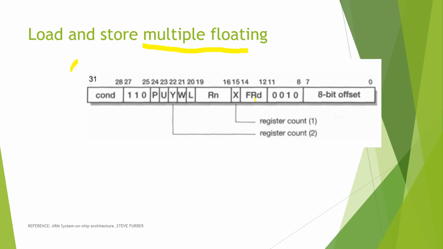Like if it is 0 0 0 0, that means it is equal to, അതായത് the zero flag is set, and if it is 0 0 0 1, that means it is not equal to, അതായത് z flag clear ആയി, and if it is 0 0 1 0, that means the carry flag is set, and 0 0 1 1 ആണെങ്കിൽ carry flag clear ആയി. You have so much of things.